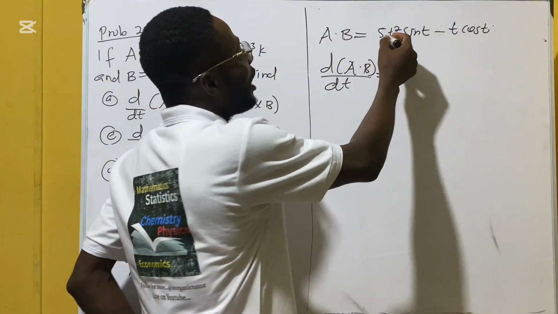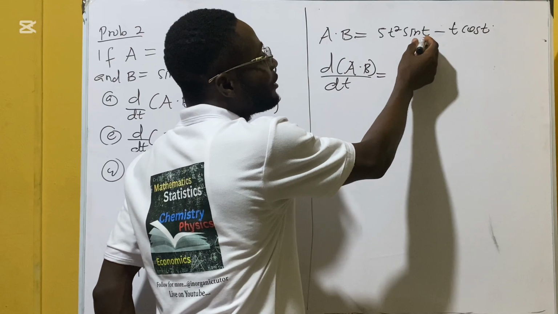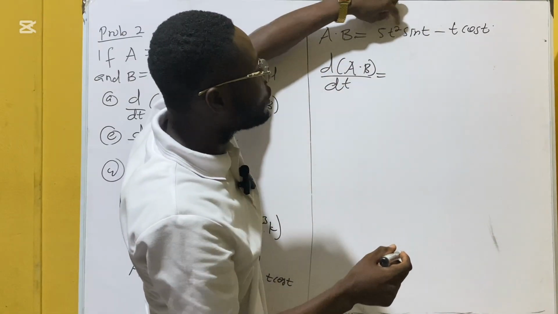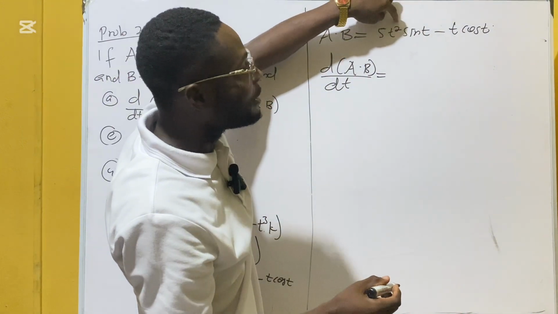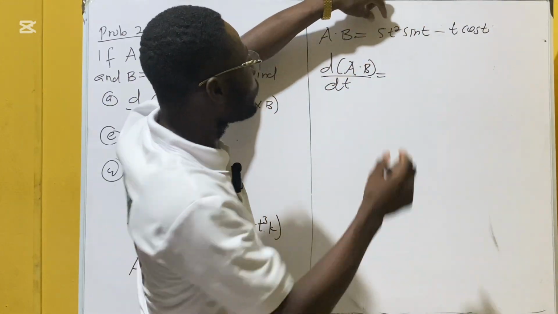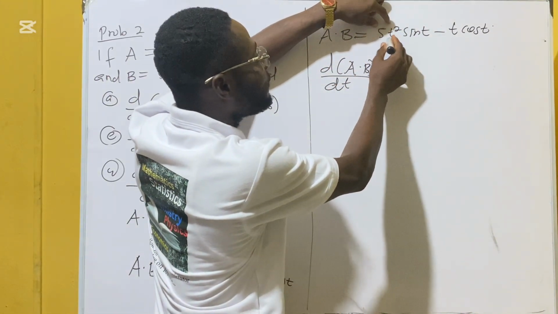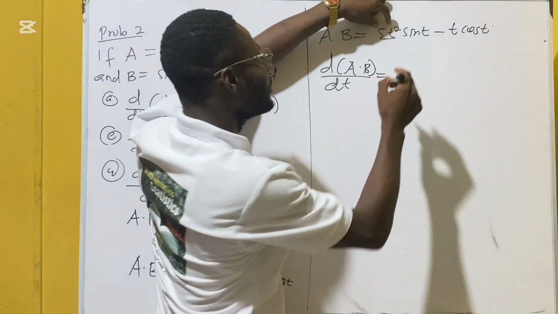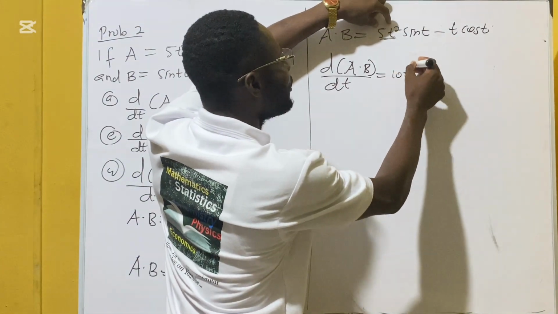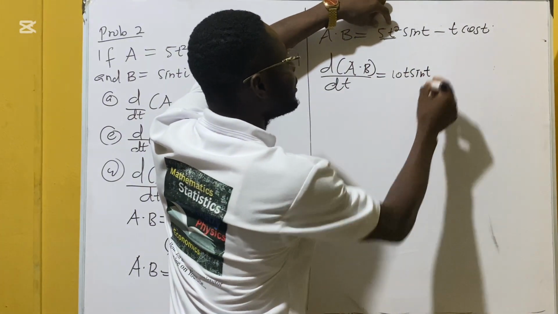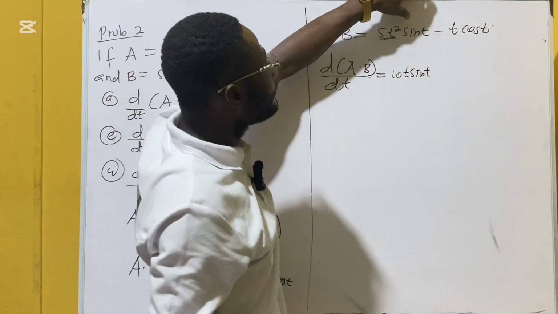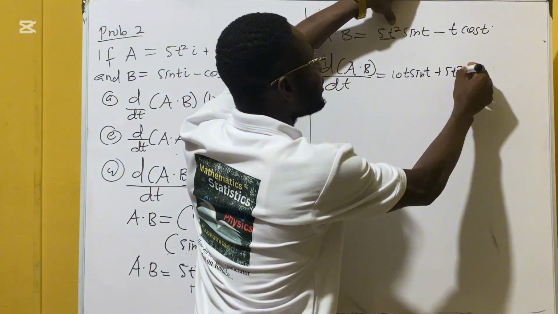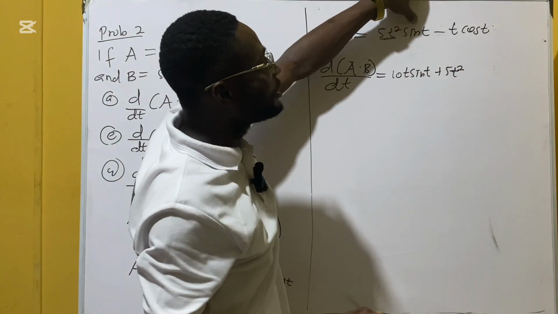The product rule says that you differentiate the first one, maintain the second one, plus maintain the first one, differentiate the second one. So we're going to have the differential of 5t squared, which is 10t, then we maintain sine t. Then we maintain 5t squared, then we differentiate sine t.